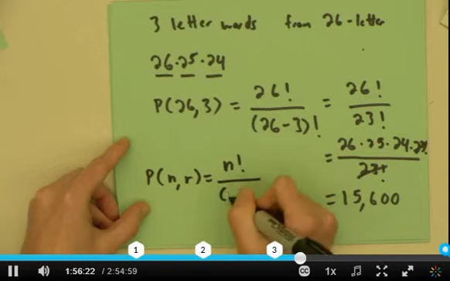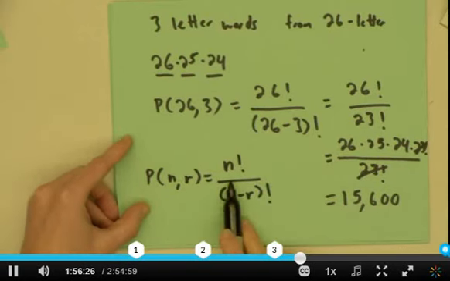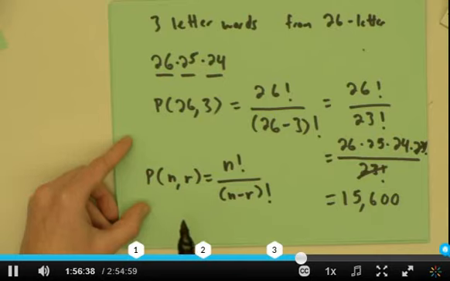So the formula that permutations use looks like this. It's n factorial divided by n minus r factorial. And really what it's doing is saying, I only want the first r numbers in this factorial. So here I want just the first 3 numbers in the calculation of 26 factorial. If I divide by 23 factorial, it cancels out the last 23 numbers.